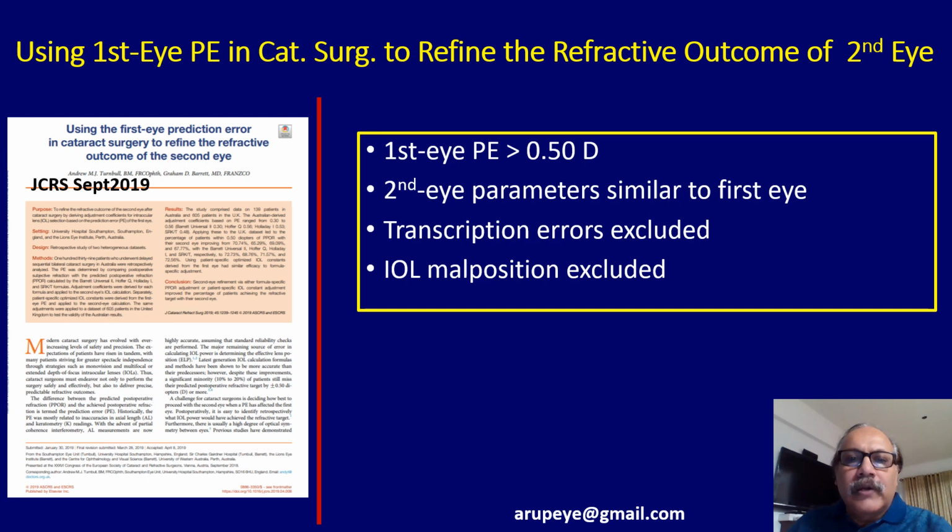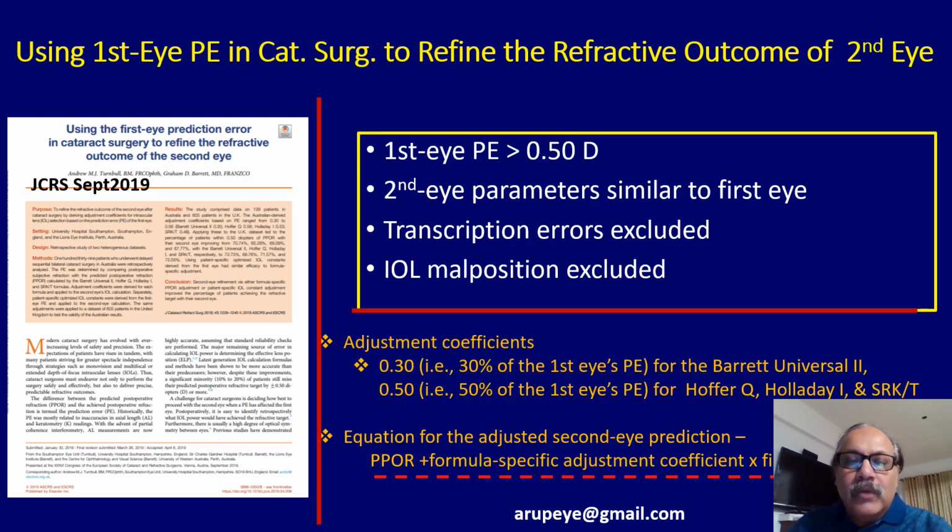If the already operated eye has an error of more than 0.5 diopter, there is a great deal of interocular symmetry, and the second eye parameters are similar to those of the first eye, transcription errors have been excluded, there is no wrong IOL power that has been implanted, and IOL malpositions like decentration and tilt have been ruled out, then I use this adjustment coefficient. For Barrett Universal 2, I would use a coefficient of 0.3, and for the other formulas, I would use a coefficient of 0.5.